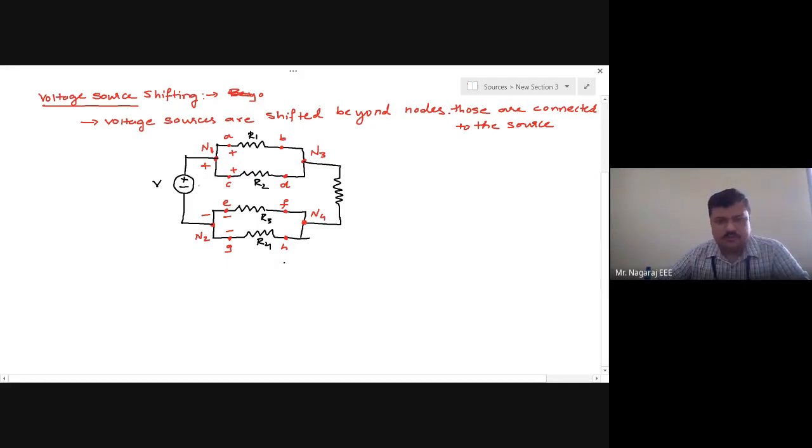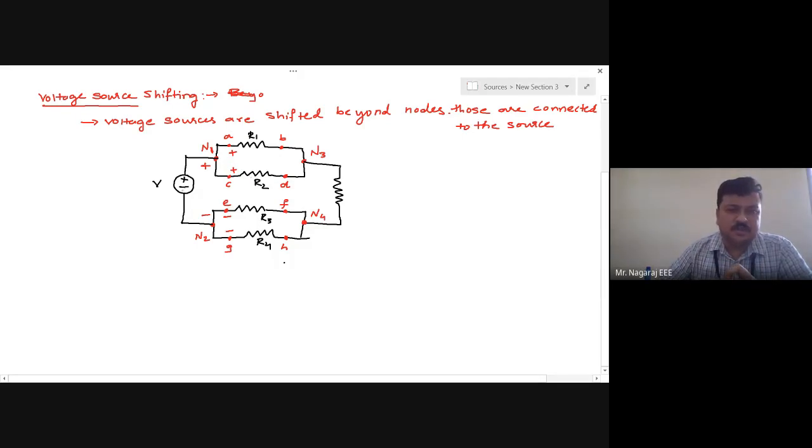Now, when I want to shift this voltage source beyond N1, first we will check what happens beyond N1, then we will check what happens beyond N2. If I shift this voltage source beyond N1, the potential of terminal A of R1 and terminal C of R2 should remain the same. They should not change.